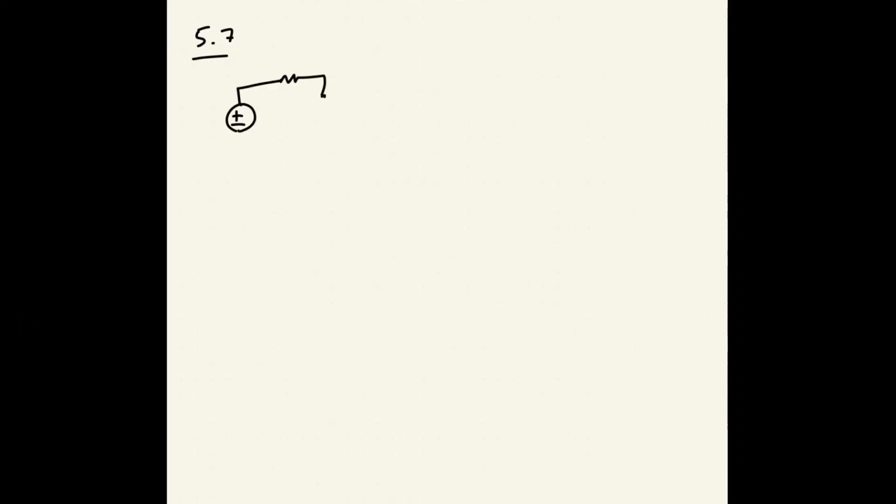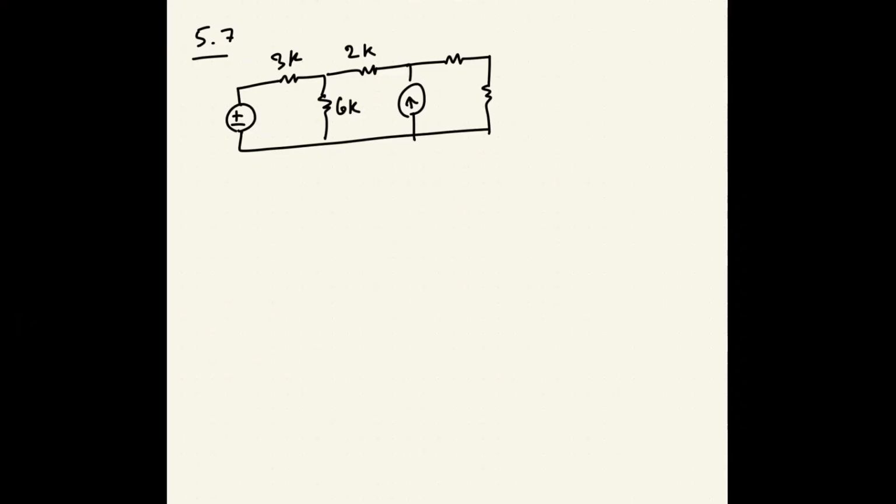It's got a voltage source, a bunch of resistors, a current source, and a couple more resistors. So this is a 3K, this is a 2K, this is a 6K, 4K, 8K, and they're calling this the output.